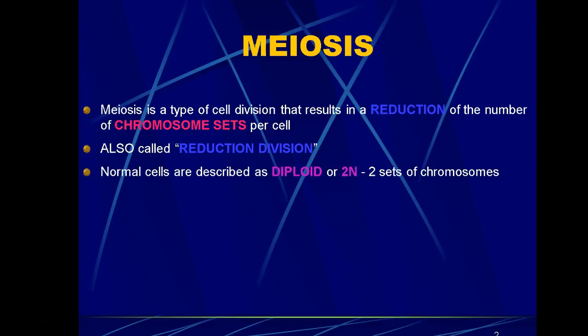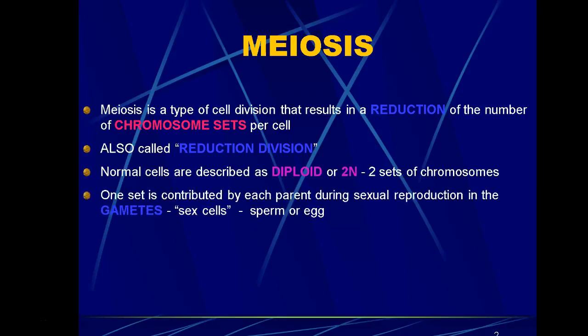We know that normal cells have a diploid set of chromosomes, so they're normally 2N. If we use us as an example, we have 46 chromosomes, so 2 times 23 gives us 46 chromosomes. 23 of those chromosomes come from mom, 23 from dad. So the sex cells have to have half of that original DNA material that is in normal cells.